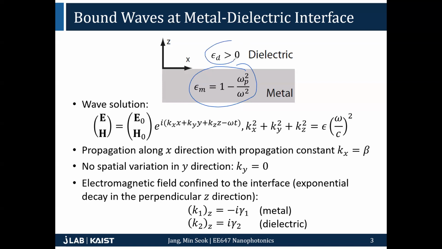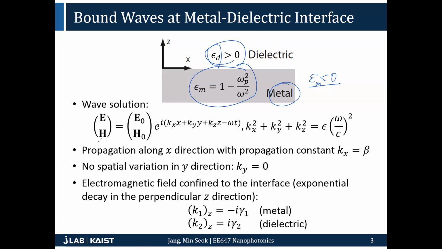And then we have a dielectric with epsilon positive. When people say metal in optics, that means epsilon negative. If some material has negative permittivity, then people call this a metal in optics.